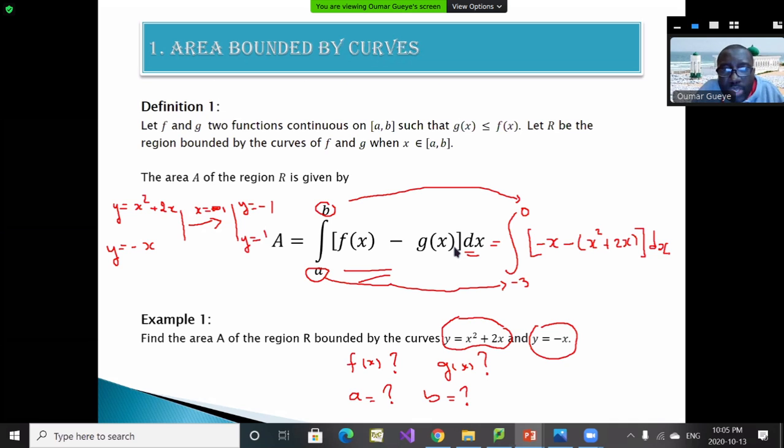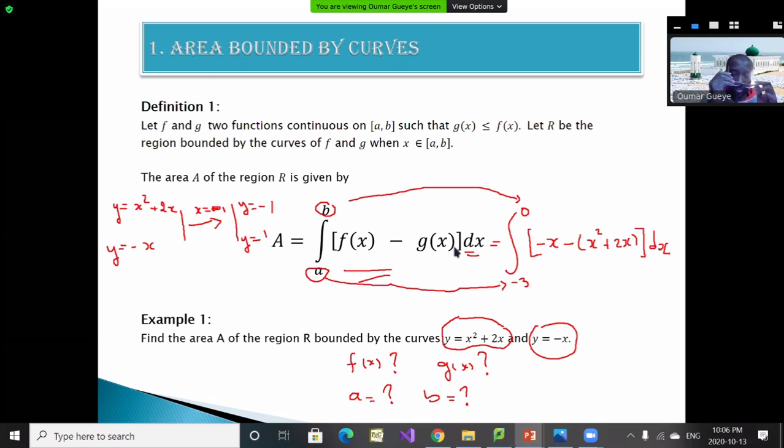Just keep in mind, if the graph was given, the greater function is going to be on the top and the smallest one is going to be at the bottom. Any question before we calculate the area? Does it make sense for you how to find the greater function?